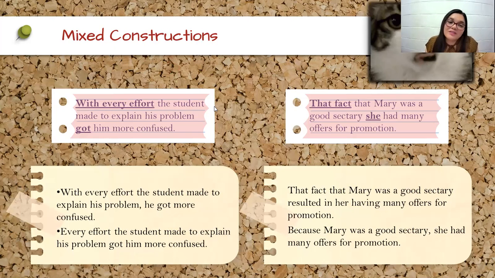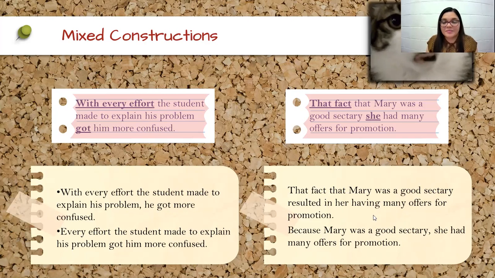With every effort the student made to explain his problem, got him more confused. Confusing, right? A better version of this one can be, with every effort the student made to explain his problem, he got more confused. That's easier and clearer. Every effort the student made to explain his problem got him more confused.